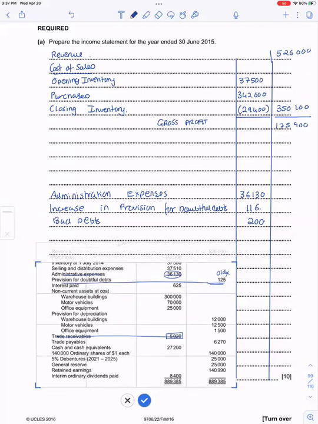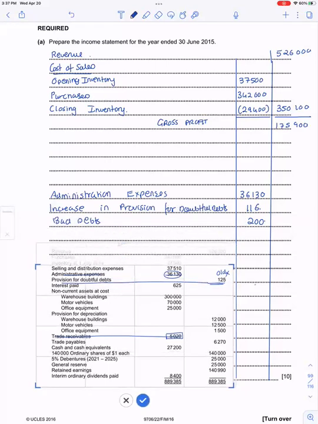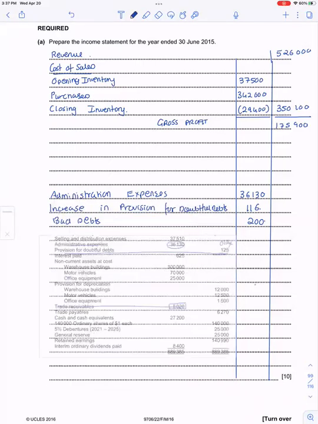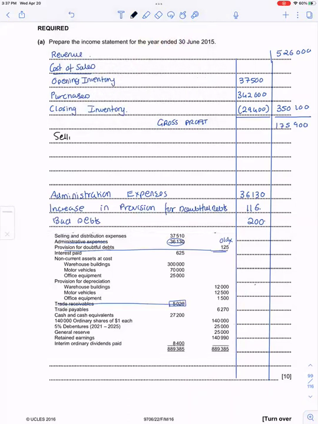Come on, selling and distribution expenses is given first. So we'll minus that first. What is the selling and distribution expenses? Come on, what is next?